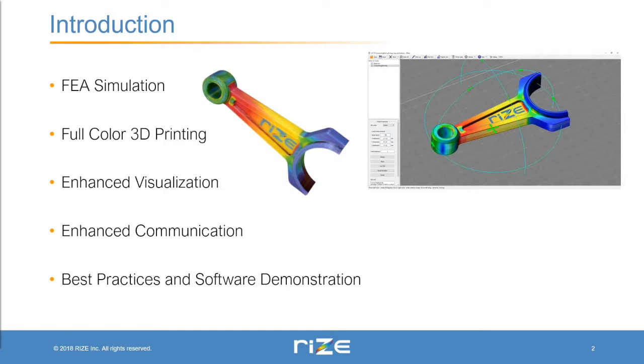And then we'll look at combining the two and some of the benefits you can get from that, including enhancing your ability to visualize simulations, as well as enhancing your ability to communicate about the results. And then finally, I'll talk a bit about best practices throughout this process and do a quick software demonstration of implementing this combination of technologies.